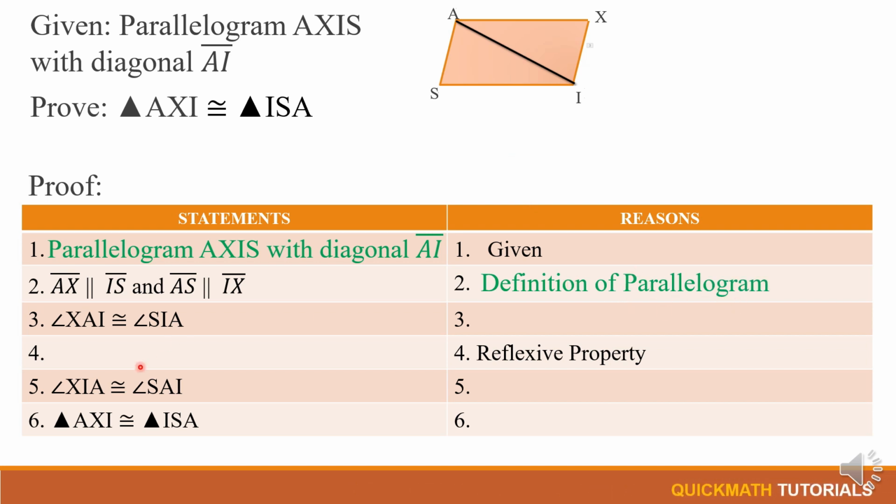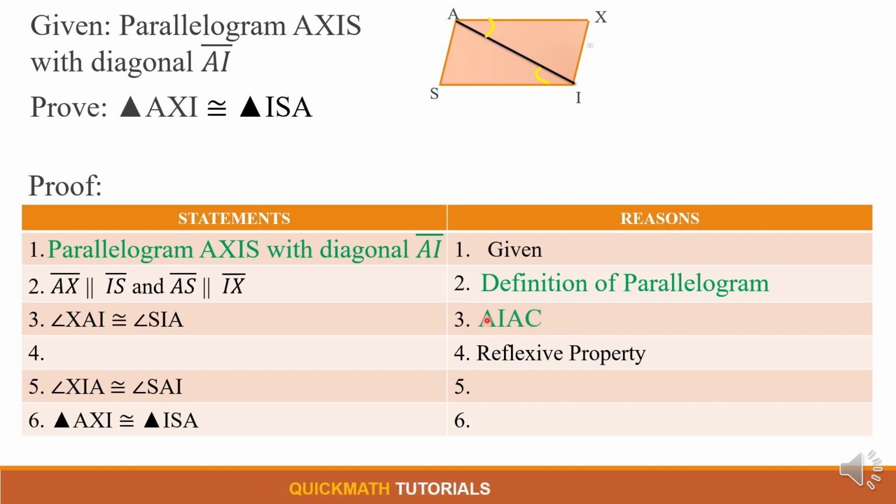And then we have, for number 3, angle XAI. So we have this angle and angle SIA. So this one, they are congruent. Again, these two line segments are parallel, and we have these two angles, and these two angles are what we call the alternate interior angles, and they are congruent.